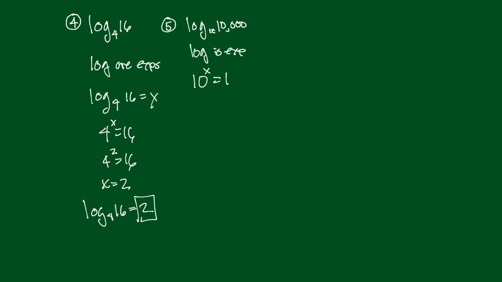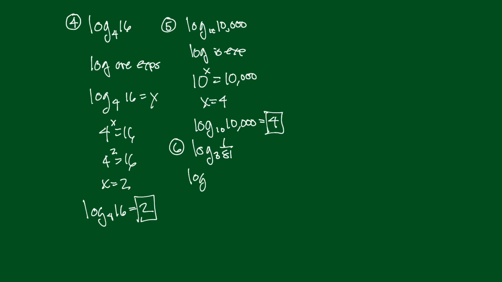But when I compute that, I get 10,000. Turns out x is equal to 4. 10 to the 4th is 10,000. So the log base 10 of 10,000 is equal to 4. Now, you could use the change of base formula, but it's kind of overkill on some of these that we already know.